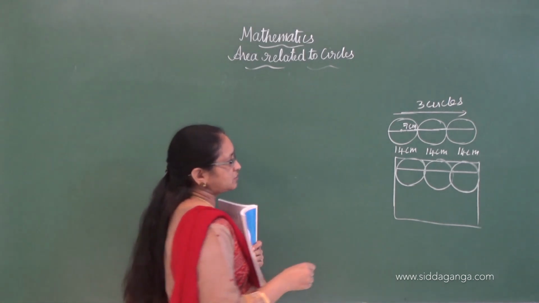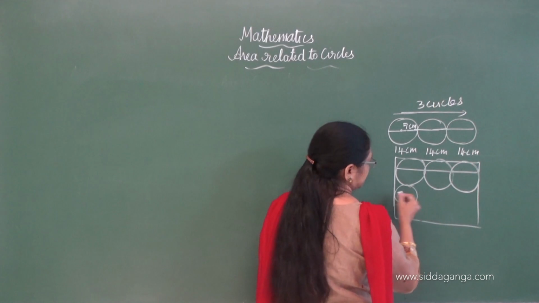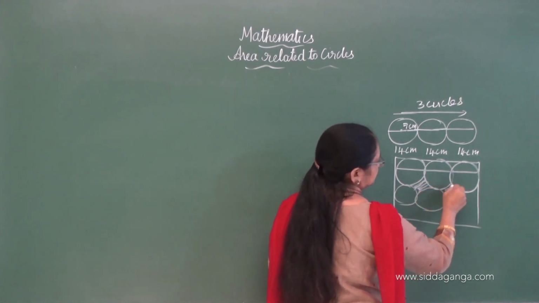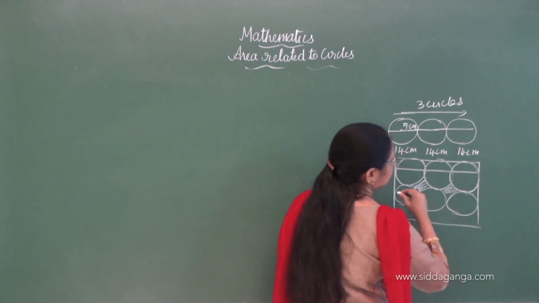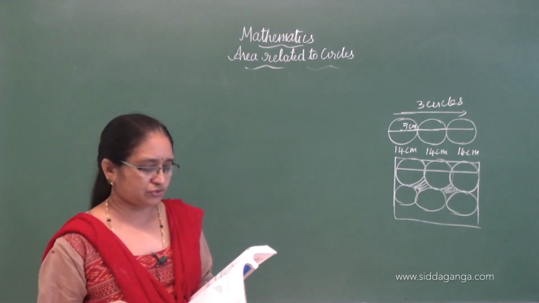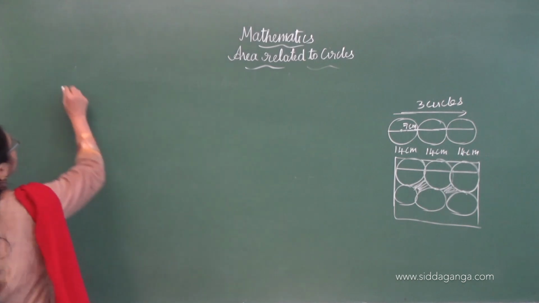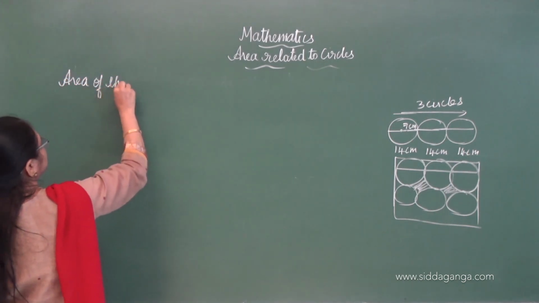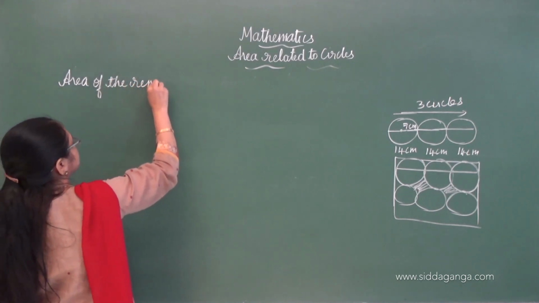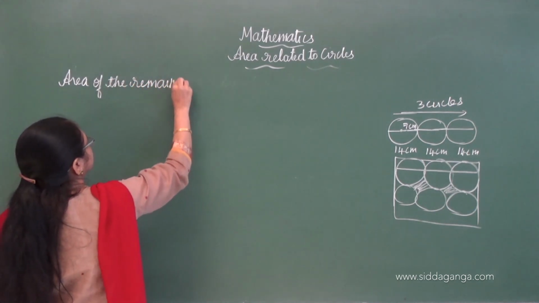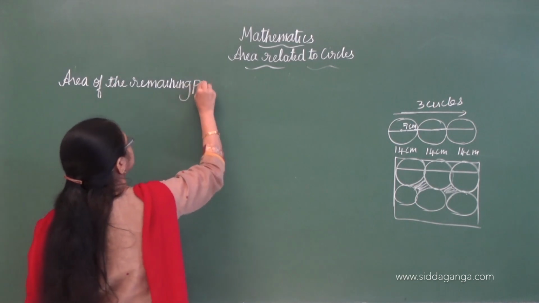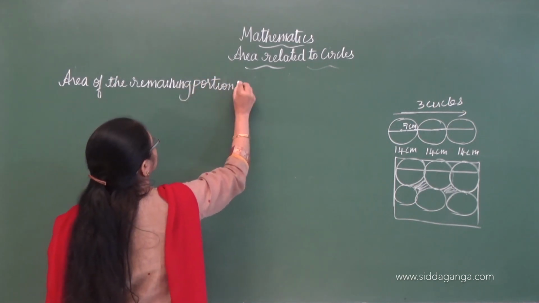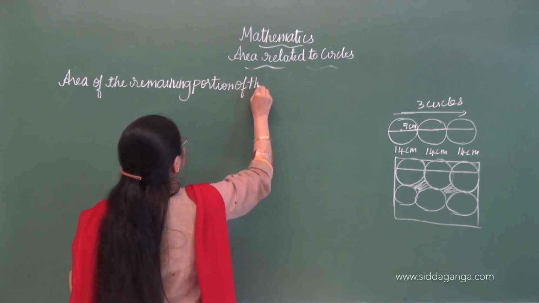So how to find out what is that remaining, meaning here the shaded part, not shaded part, actually leaving this circle. So I'll just write area of the remaining portion of the handkerchief.